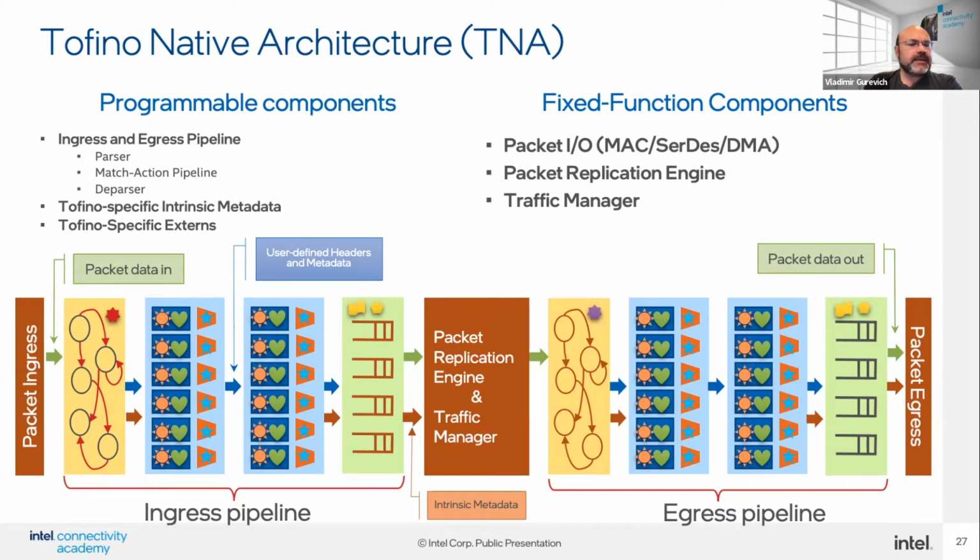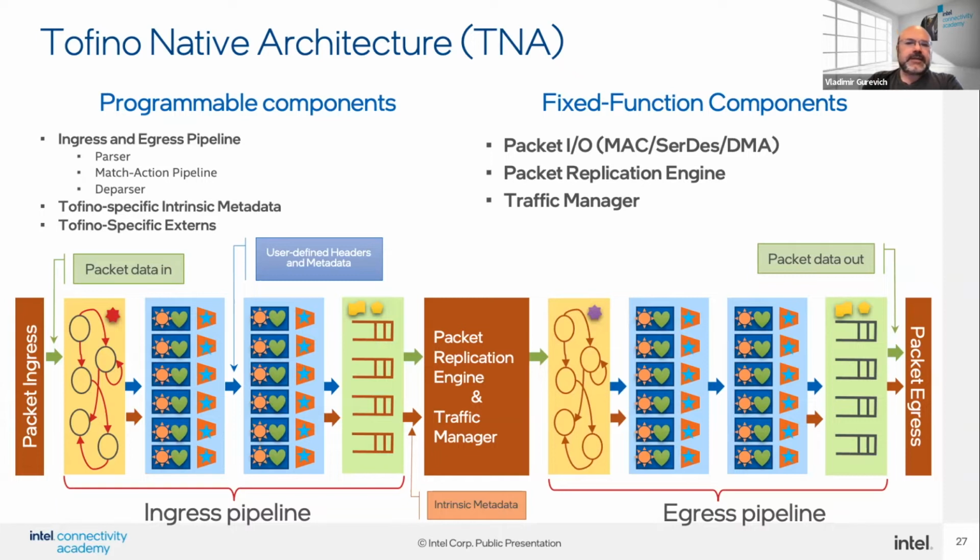And again, the language is very flexible. It allows us to have all kinds of different pipelines with all kinds of different components, like a Latin alphabet, which we can use to write all kinds of different languages, which might have nothing in common. Same way, the P4 language allows us to describe programs which run on different hardware with completely different architectures.